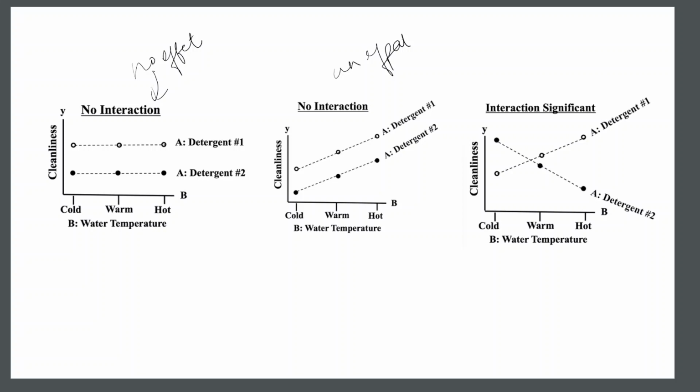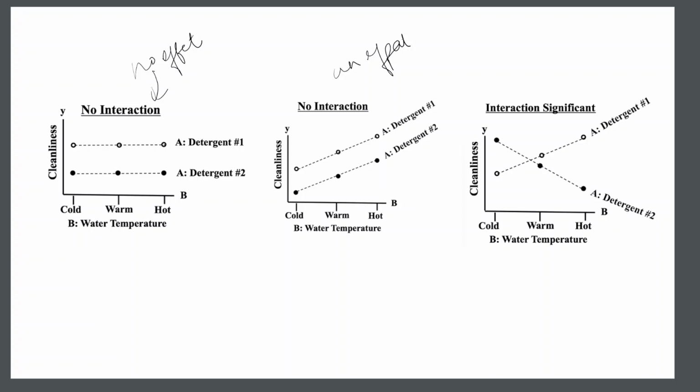But if you see in the third one, there is a significant interaction. How are we saying significant interaction? Because when we increase the concentration of detergent 1, the cleanliness with detergent 2 decreases. When detergent 2 is hot, the cleanliness is low, but when detergent 1 is hot, the cleanliness is high.